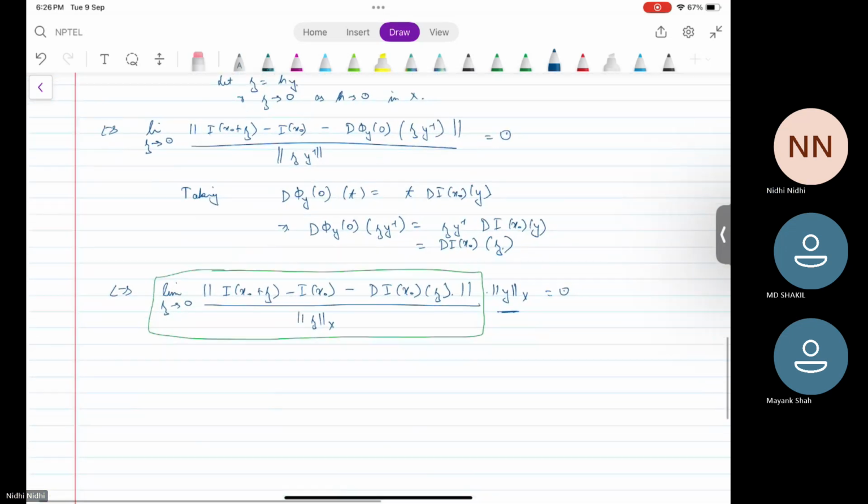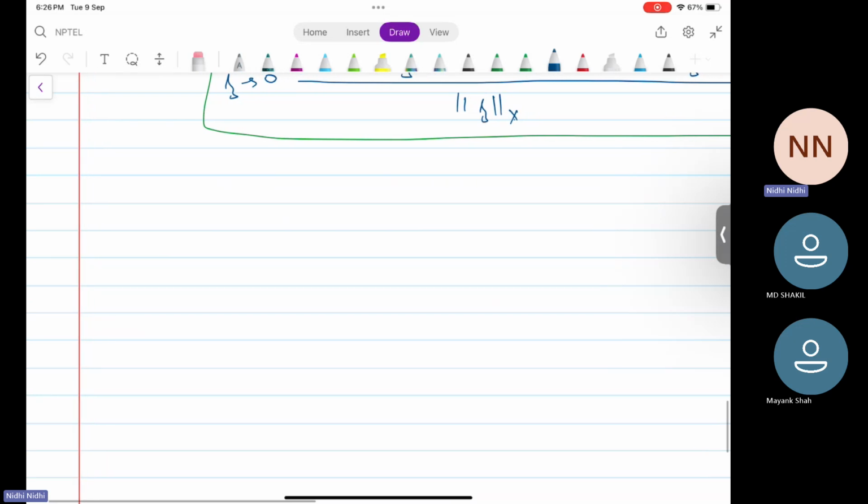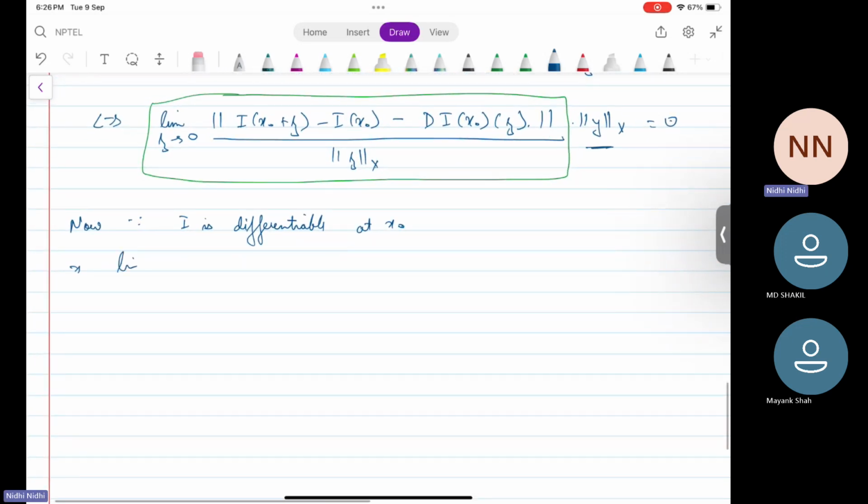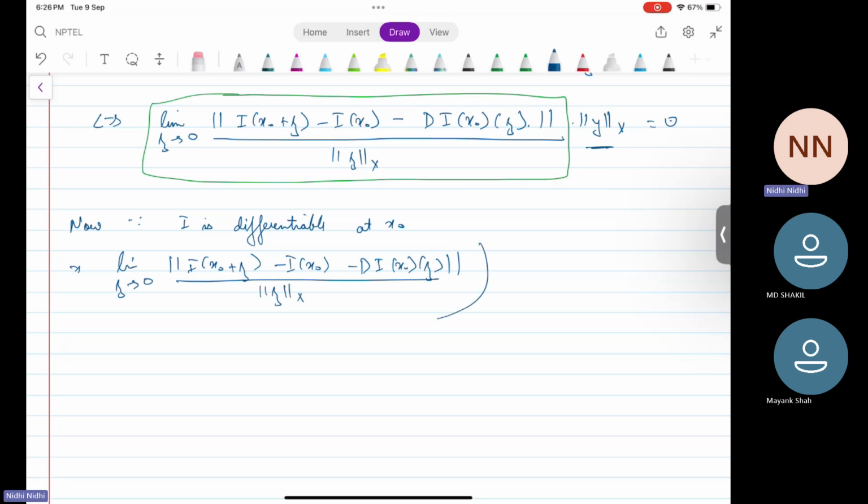Therefore, now since I is differentiable at x naught, this implies, because this is independent of z, we have the limit as z tends to 0 of the norm of I(x naught plus z) minus I(x naught) minus dI x naught z, upon the norm of z times the norm of y, is 0.